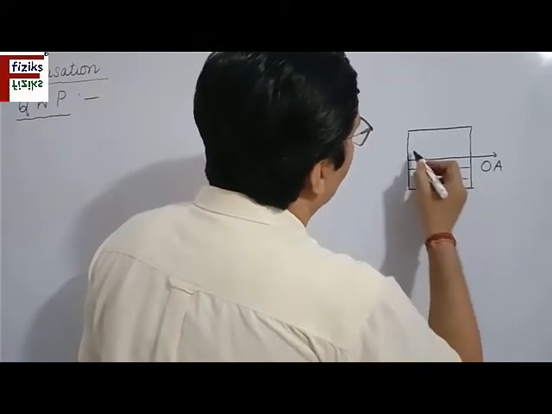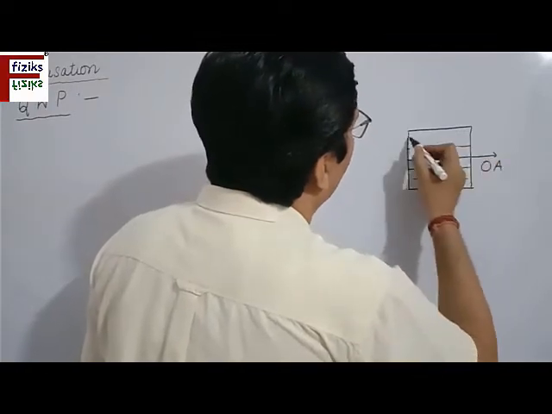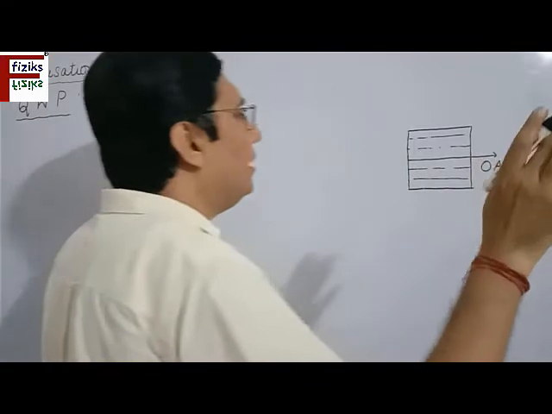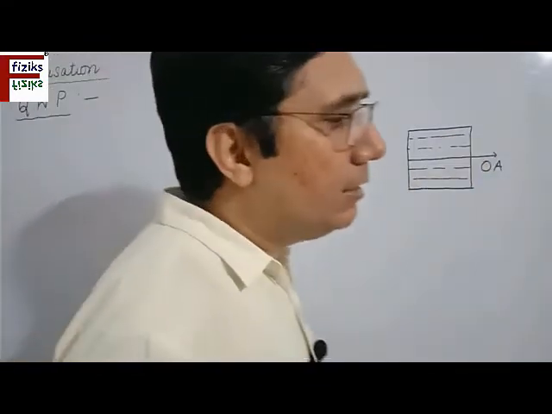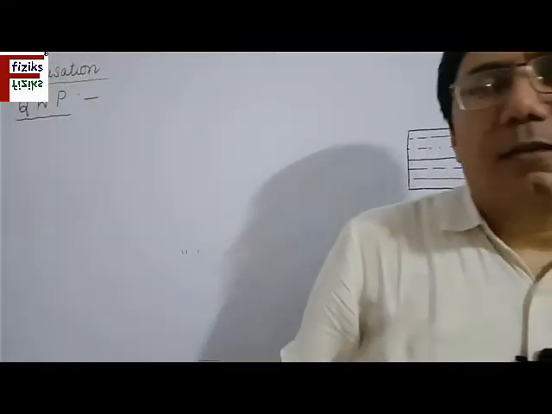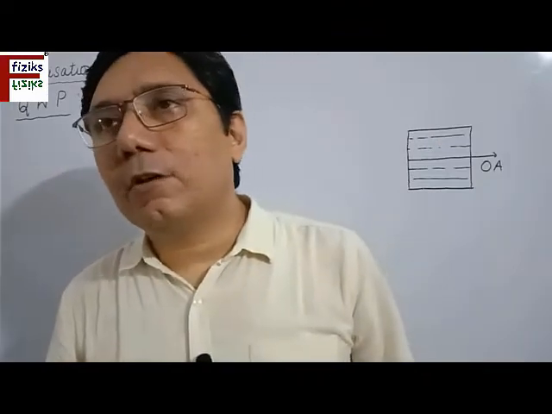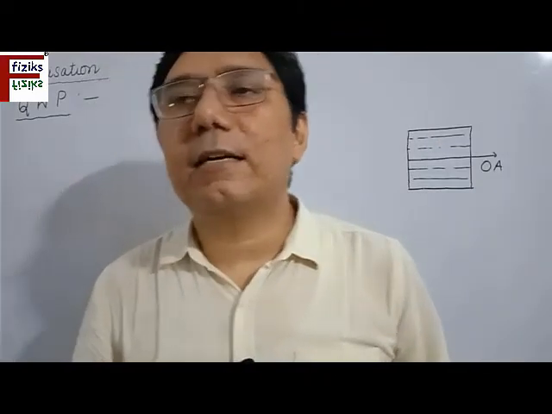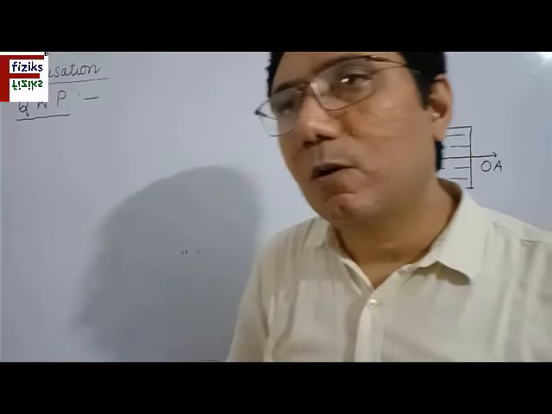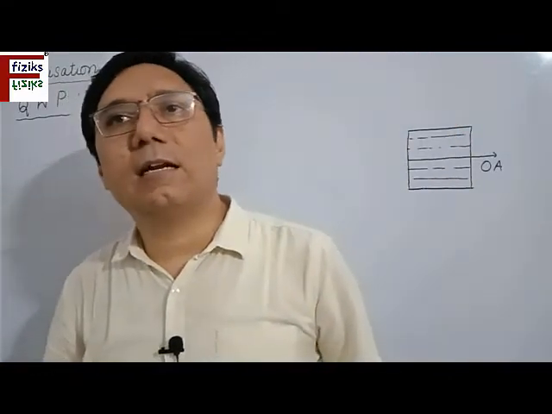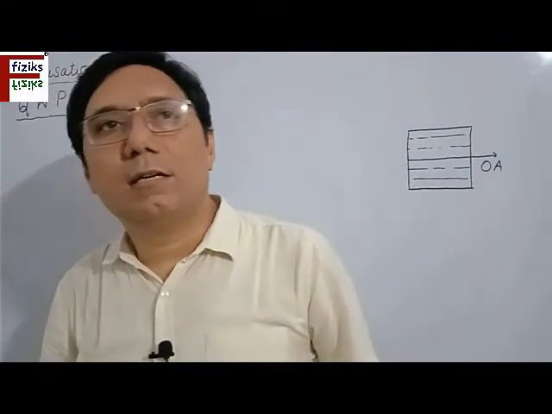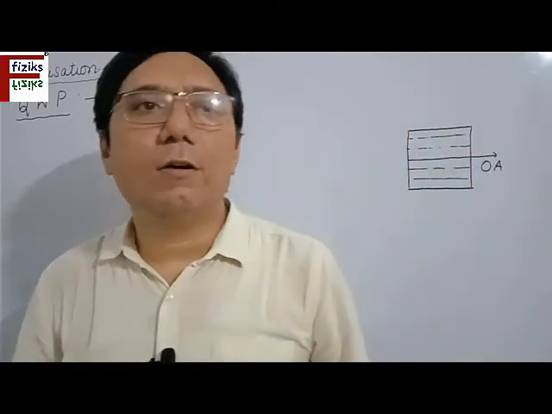If a plane polarized light is incident on this, making some angle, then this electric vector can be resolved into 2 parts, one parallel to the optic axis, another perpendicular to the optic axis. One will act as E ray, another will act as O ray.